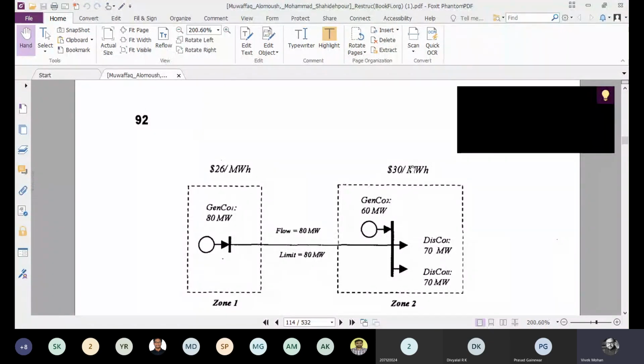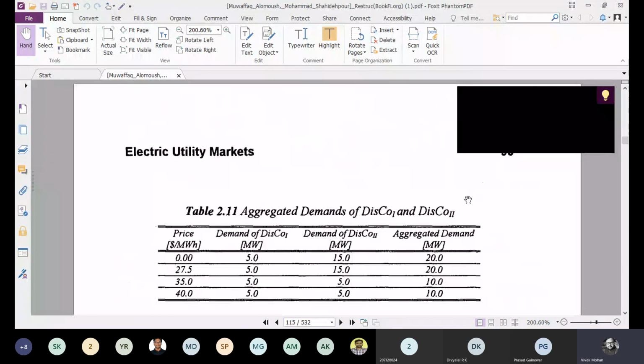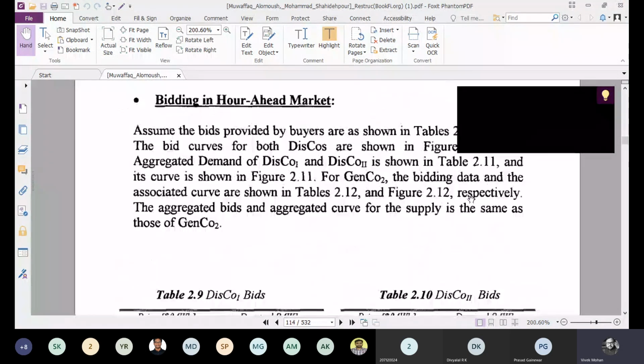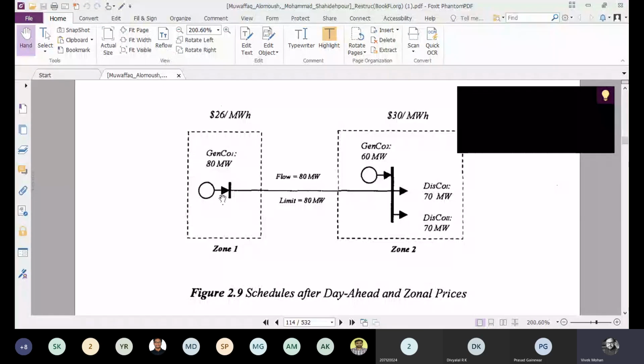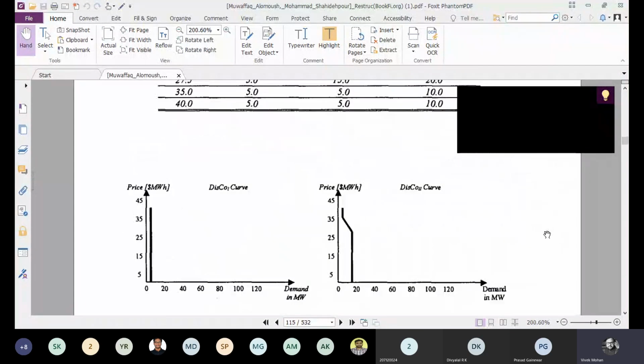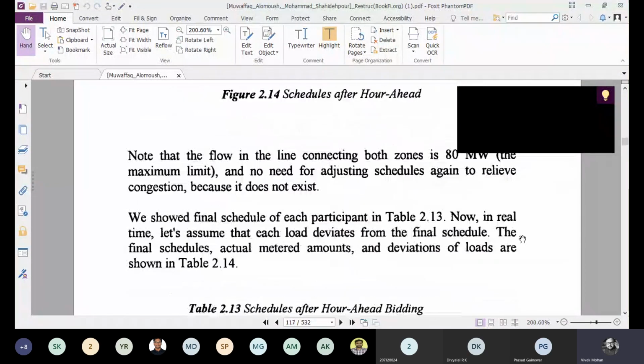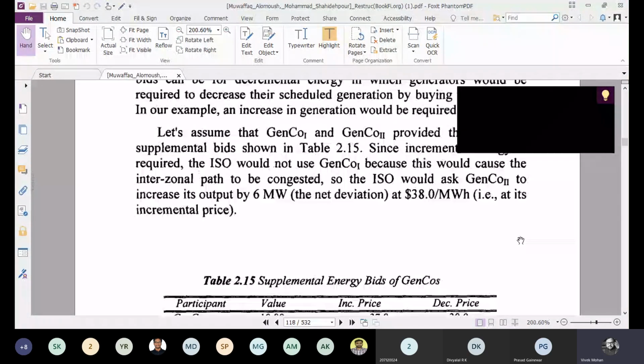So the difference in zonal price is 30 minus 26, which is 4, multiplied with the flow. 4 into 80 is 320. That is what is paid to the ISO, $320. That is the difference we have seen in the net payment.